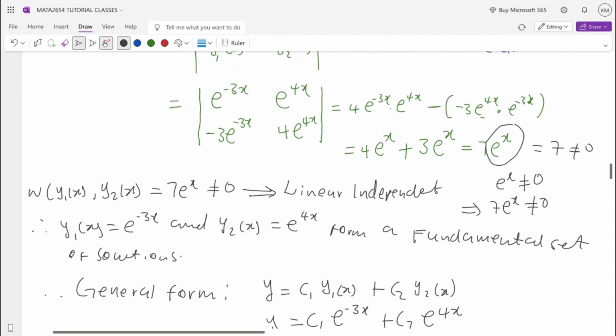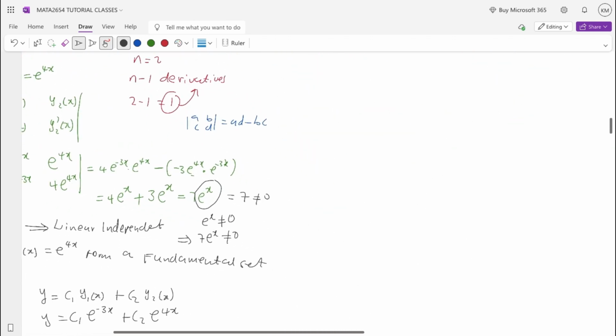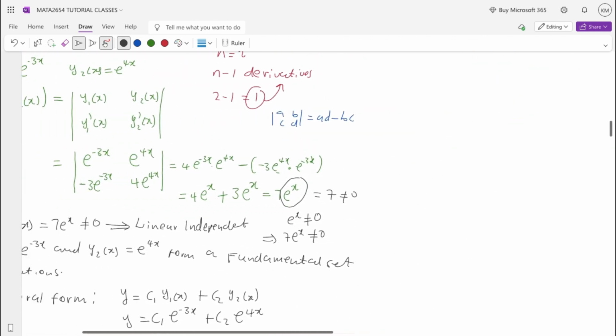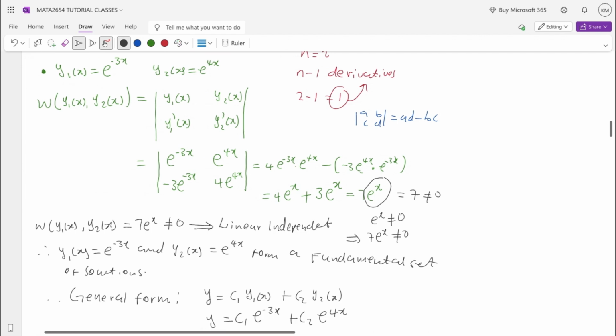Are we together? You got lost where? When we're doing the Wronskian here, where this part where we are starting to derive.